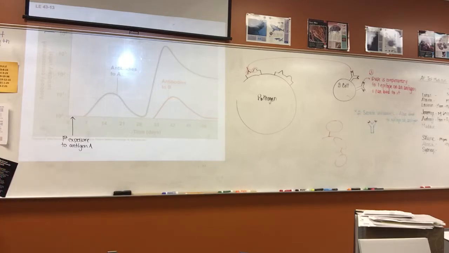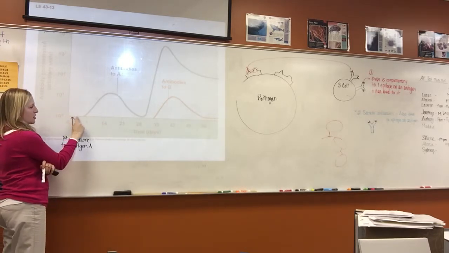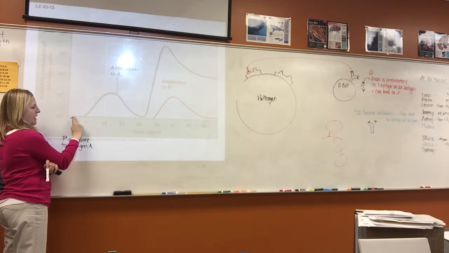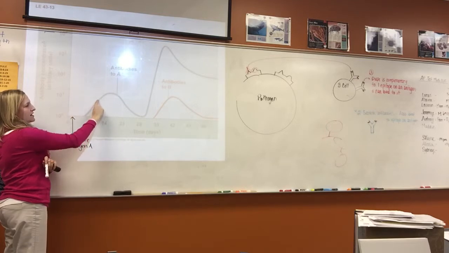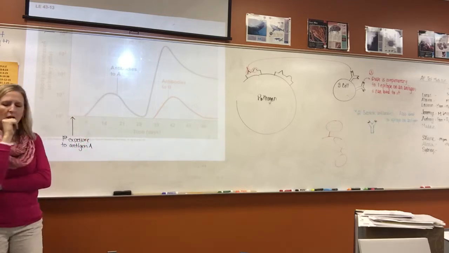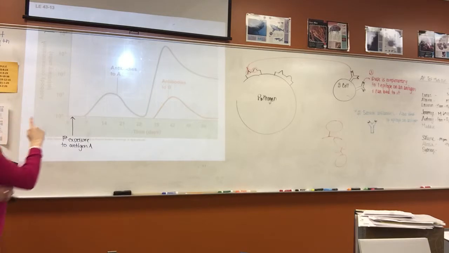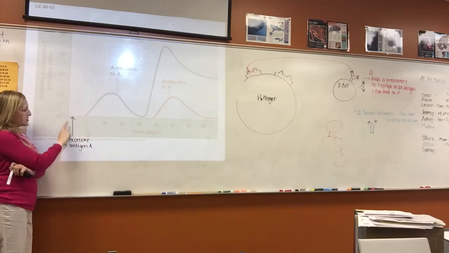It's the very first time they came into contact with that antigen ever. Then notice that several days go by and there are no antibodies present. But after those several days, you start to get antibodies produced in the body, and the antibody production goes up and up and up. All right, so here's your first exposure.